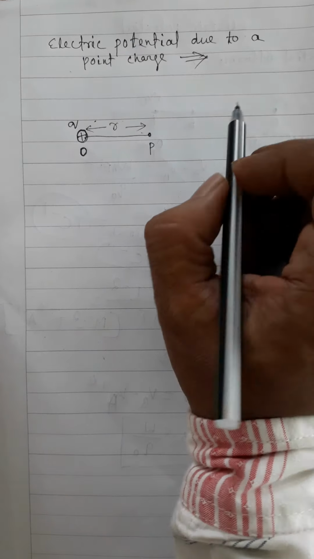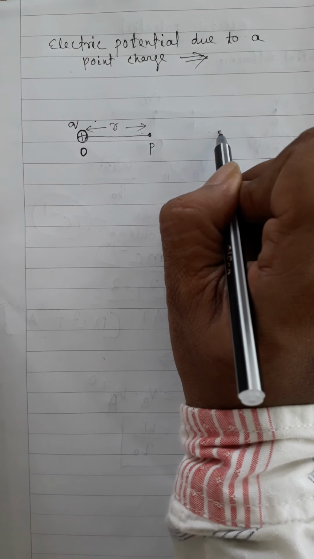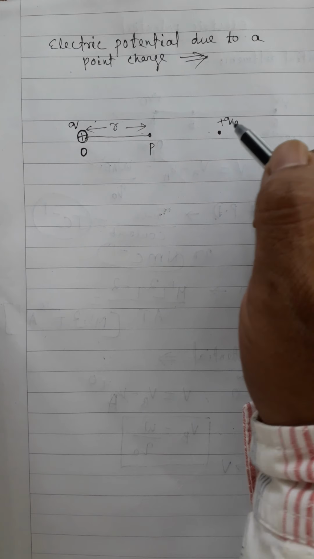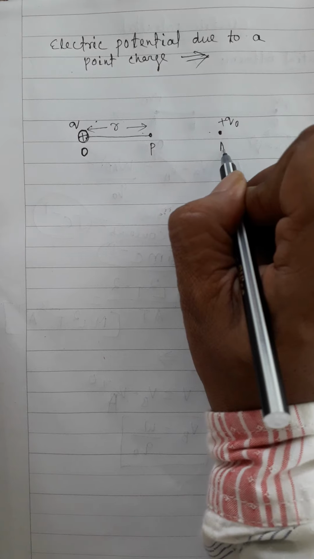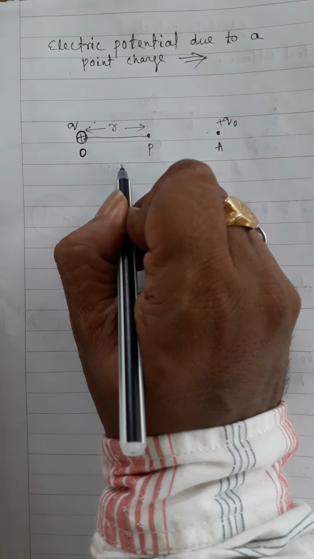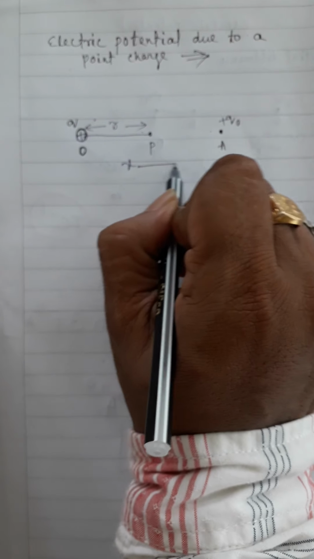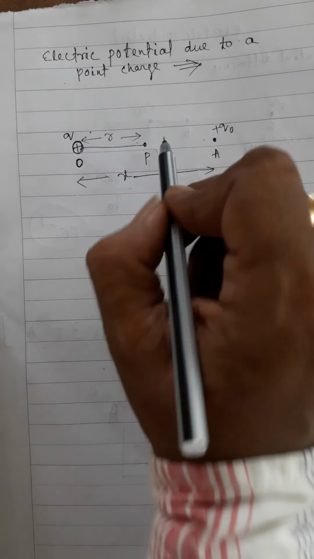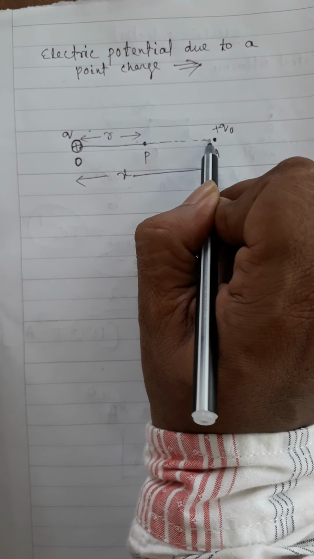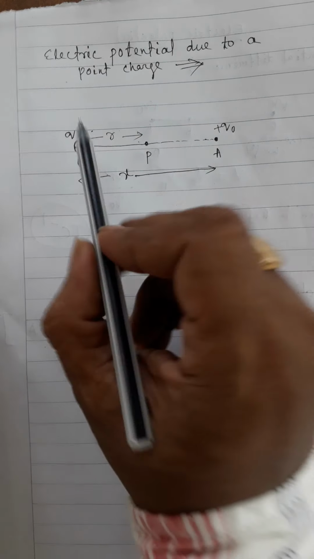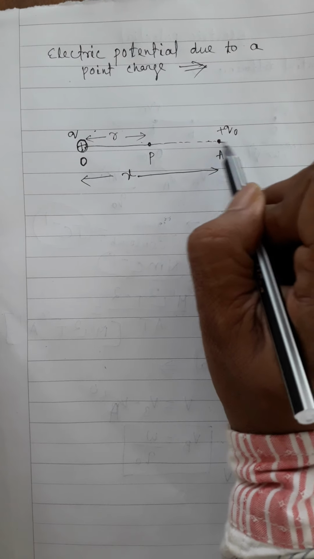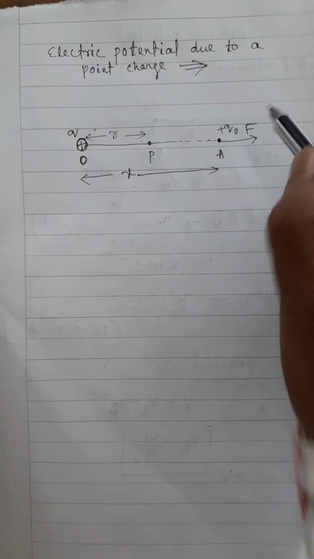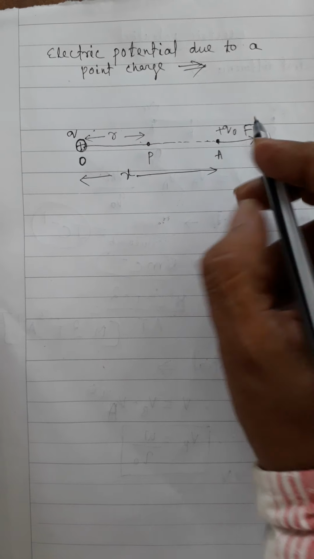Suppose a unit positive test charge Q0 is placed at a point A, which is at distance x from the origin O. The positive charge will repel this positive test charge, and the direction of force is away from the source charge.